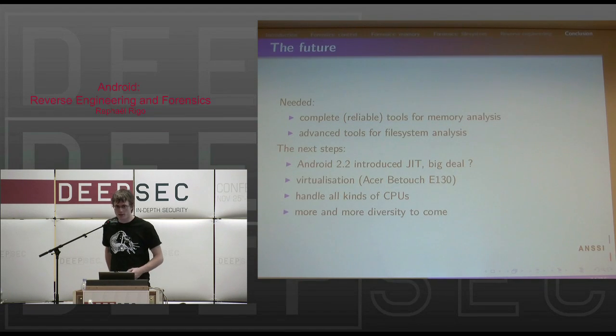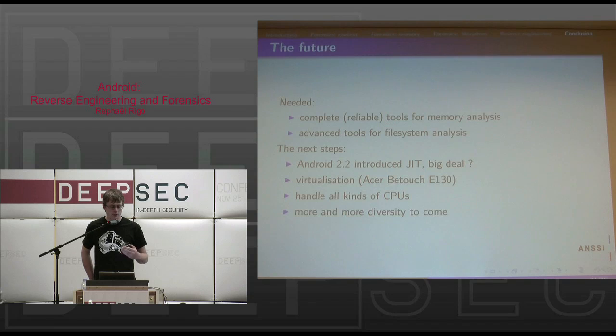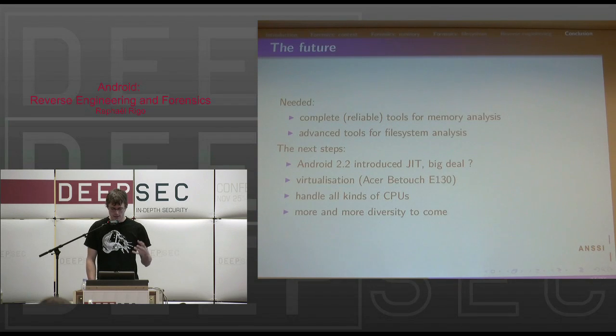Android is also moving forward really rapidly, so you have to adapt to the evolutions of the operating system itself. For example, 2.2 introduced just-in-time compilation. Is it a big deal? I don't know, I haven't looked into it yet, but probably optimized DEX files are gone, so you probably won't be able to use them to reverse and uncover rogue applications.